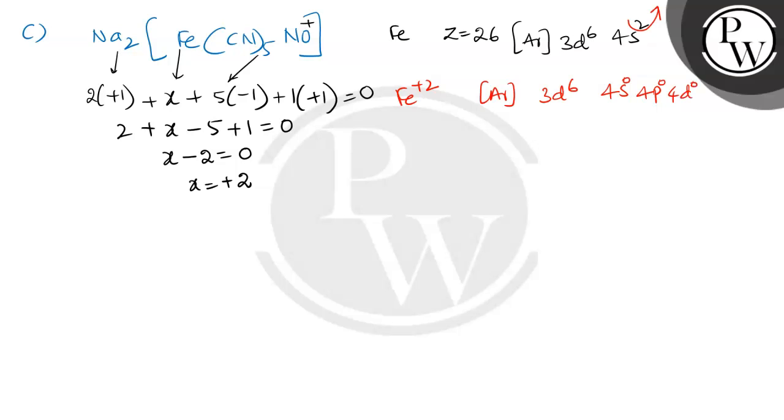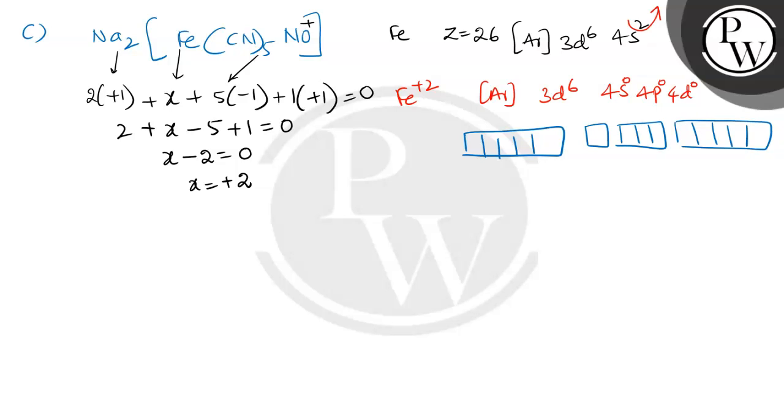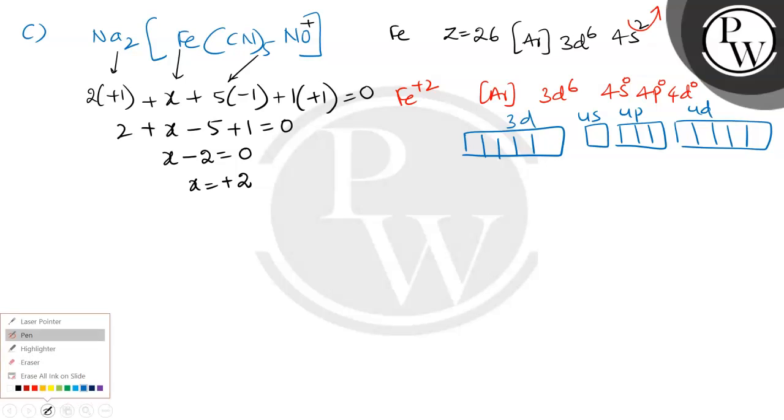So we see the electronic picture of the d orbitals having 6 electrons, and the s, p orbitals and outermost d orbitals also. This is 3d, 4s, 4p, 4d. So the electrons are arranged like this: 1, 2, 3, 4, 5 and 6.